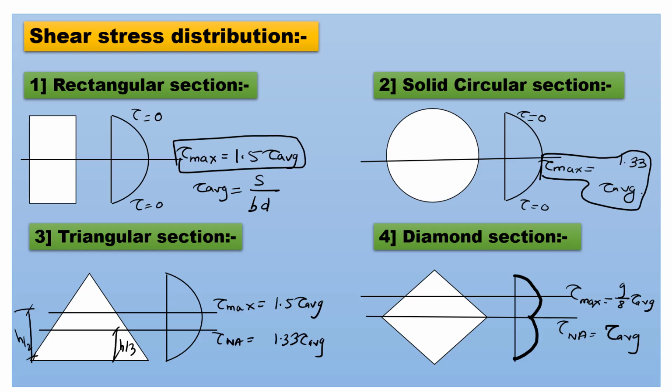That point from the top end of this diamond section is 3h by 8, and the remaining is h by 8, so the total is h by 2 and h by 2. So these are the values for the shear stress distribution for all four sections.